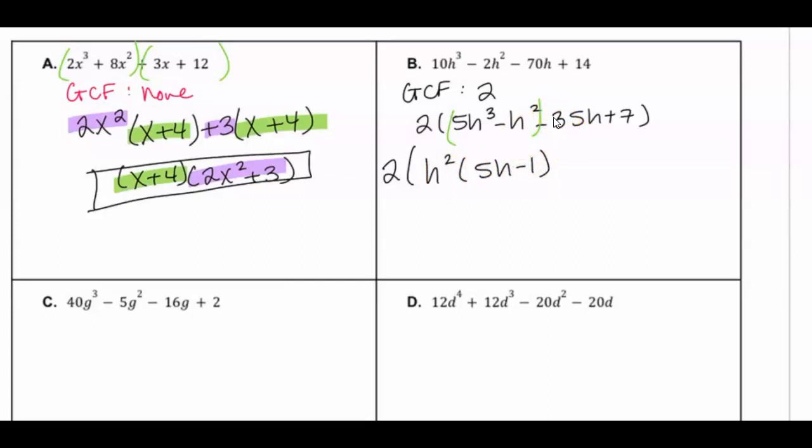Do the same thing for the next two. Since my first term is negative, I do have to pull out a negative GCF. The largest number that goes into 35 and 7 is 7. They both don't have h's, so it's just negative 7. Negative 7 times 5 is negative 35, and then you need the h for the negative 35h. Negative 7 times negative 1 is positive 7.